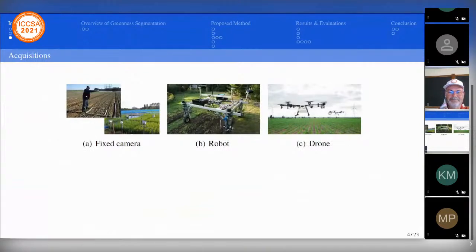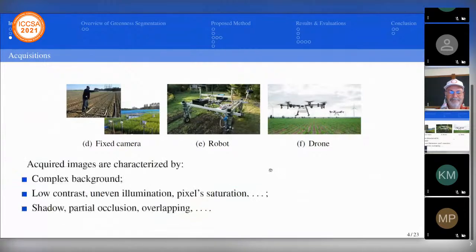In almost all these cases, the acquired images are characterized by a complex background because soil can contain a variety of artificial and or natural residues, low contrast, uneven illumination, and pixel saturation because acquisition is done in outdoor light conditions, so it depends on the weather changes.